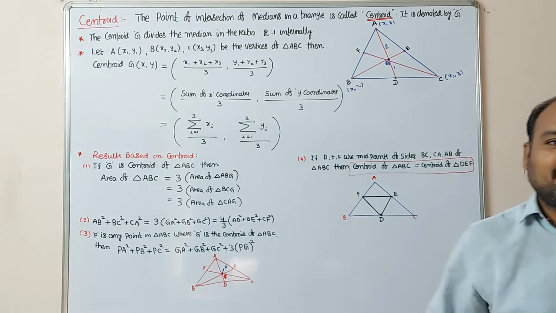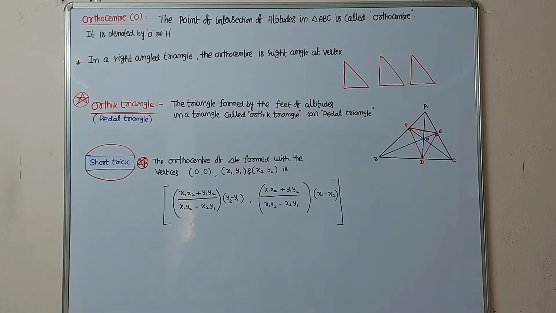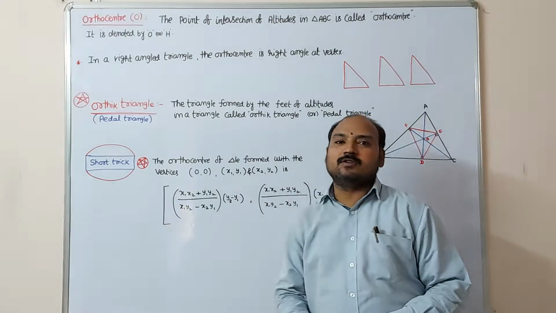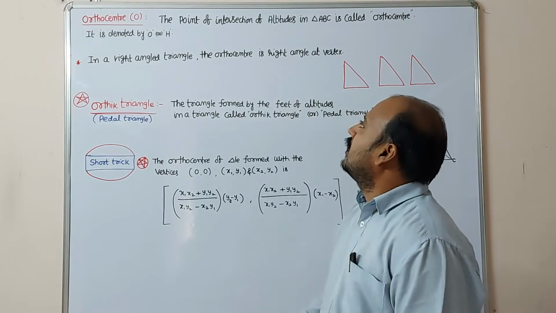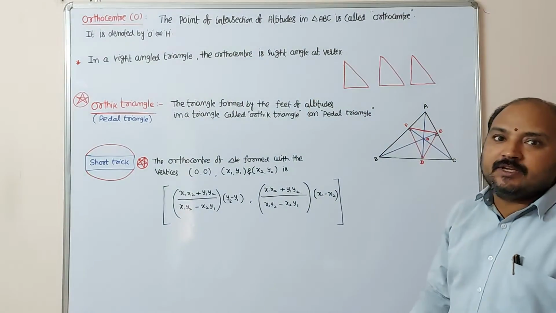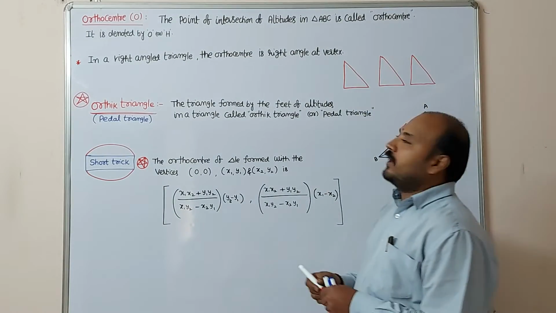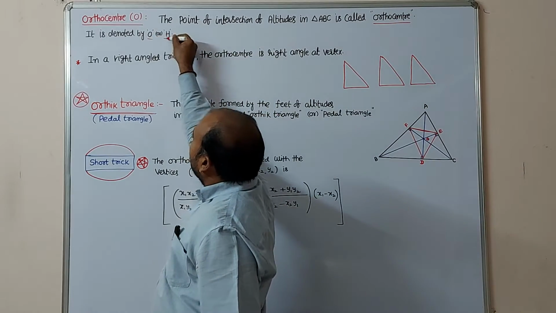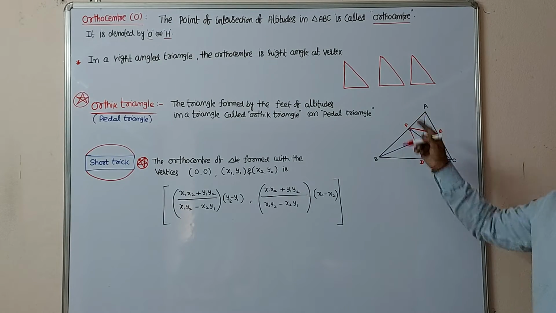Orthocenter. We will enter into another concept, orthocenter. What is meant by orthocenter? The point of intersection of altitudes in the triangle ABC is called orthocenter. It is denoted by O or H. Either O or H. So this is the triangle ABC.